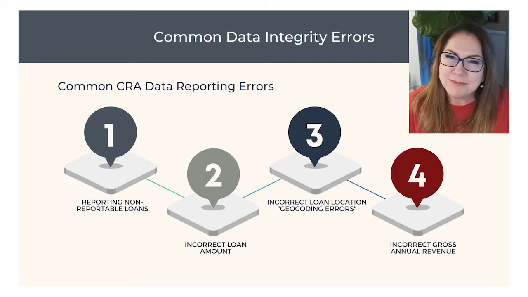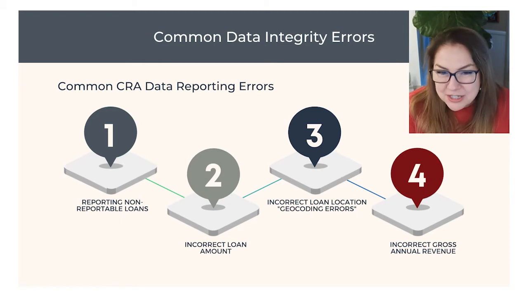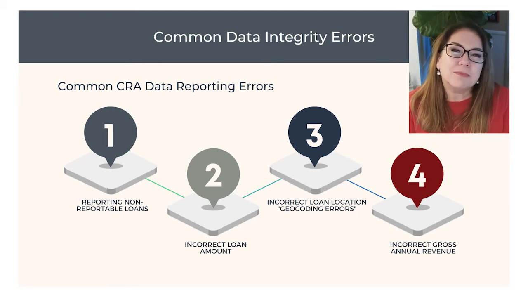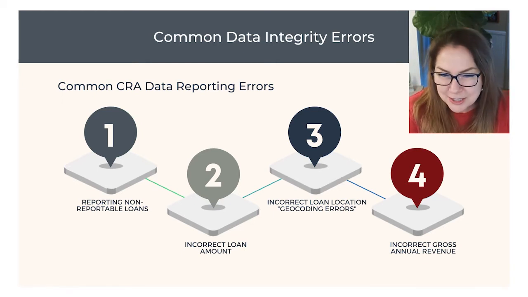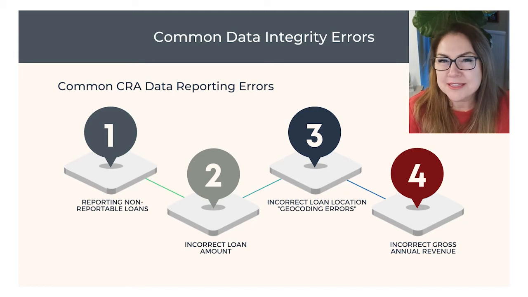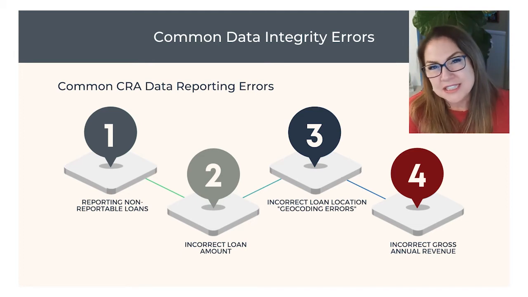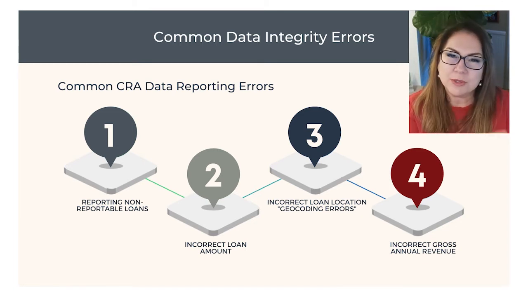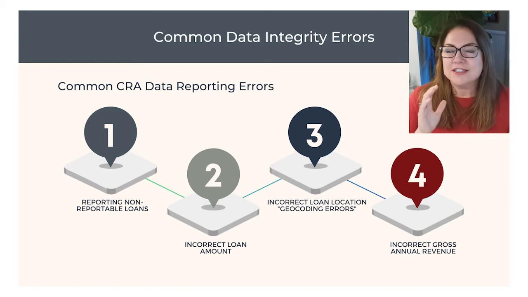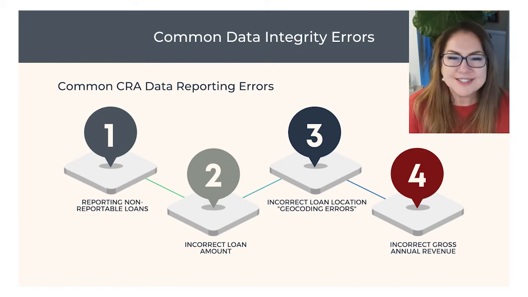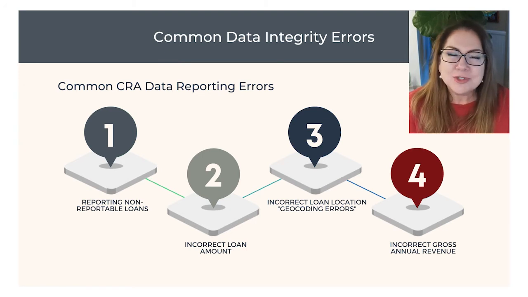So that's a tip for you on loan amount. You'll also want to look at loan amount as it relates to refinances and renewals. There's very specific rules there. You'll also want to look at those credit line increases and possibly decreases to make sure that you are reporting the proper loan amount. And then, like I mentioned, typographical errors, transposing, and rounding tend to also trip us up with the loan amount.